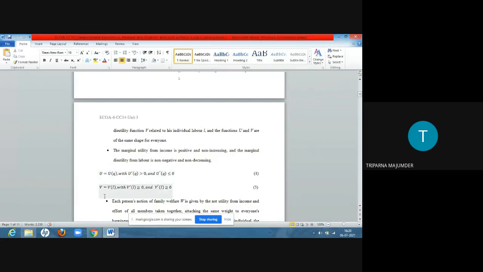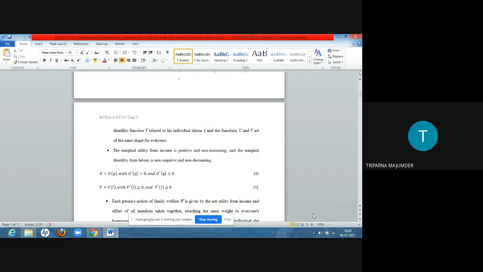Now, for the disutility function also, the marginal disutility is greater than or equal to 0, and the second derivative is again greater than or equal to 0.